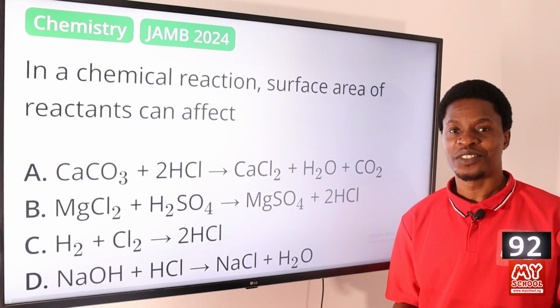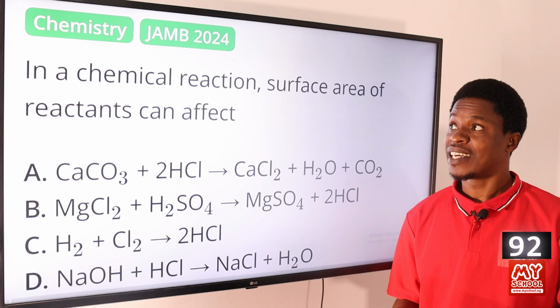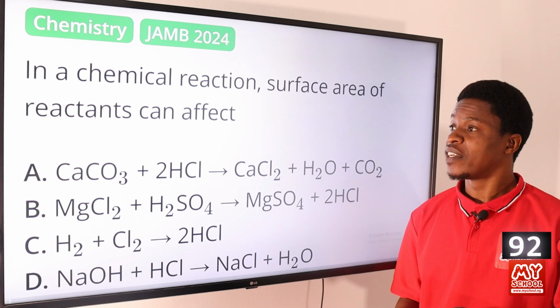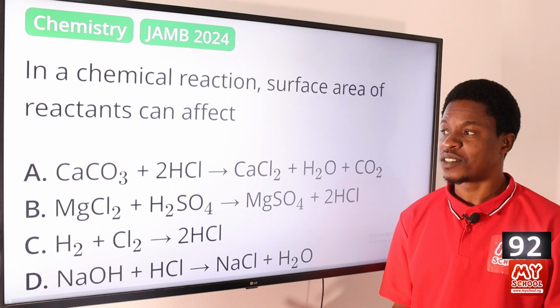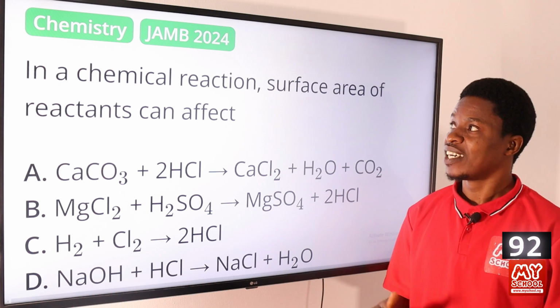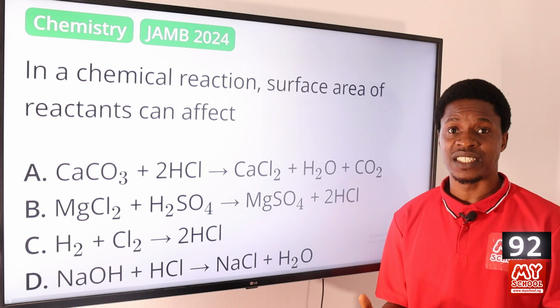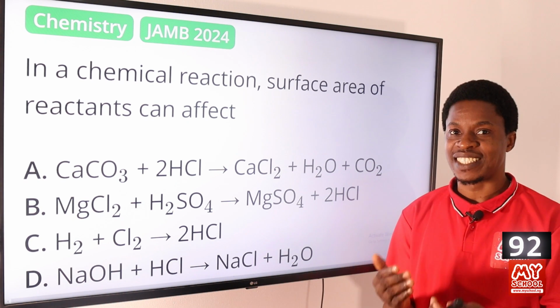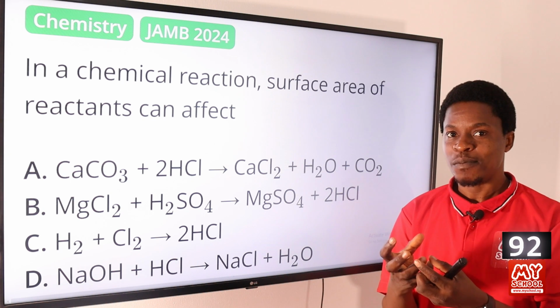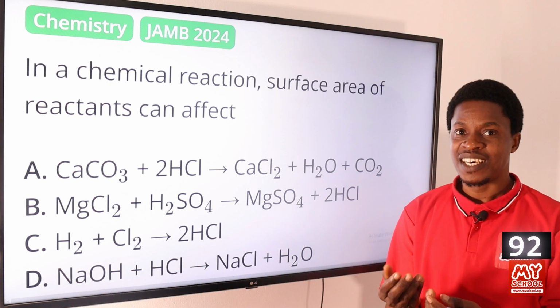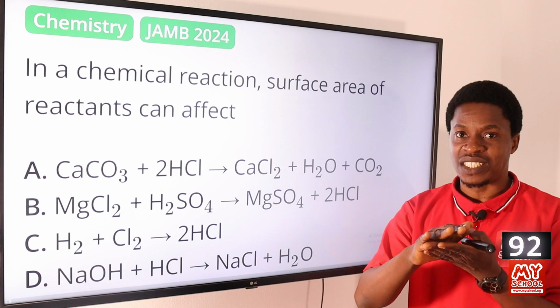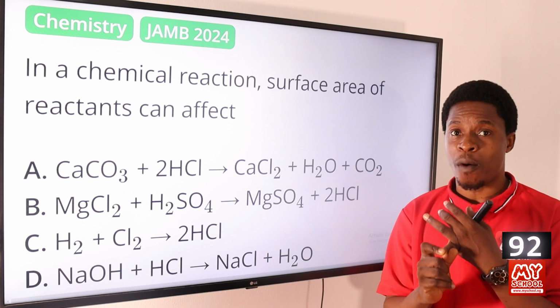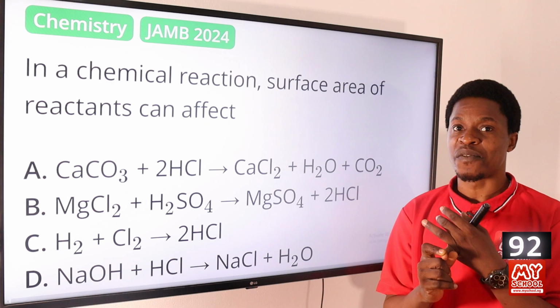Now, let's move on to question number 92. In a chemical reaction, surface area of reactants can affect what? Surface area, don't forget, tends to affect the rate of chemical reaction, okay? When we talk about surface area, we are looking at the substance, in most cases a solid substance. When you bring in a solvent to react with it, if it is in powdery form, the rate of reaction is going to be faster.